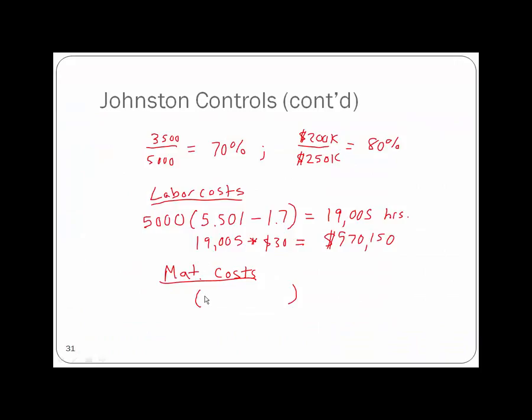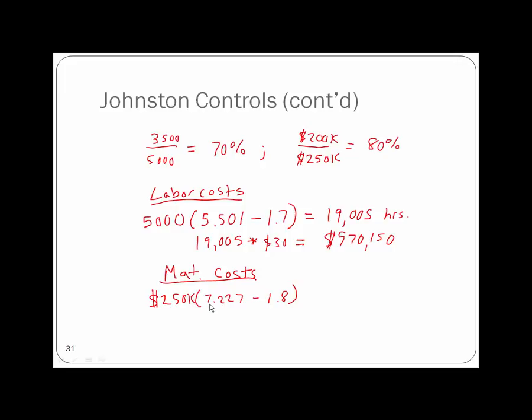So 7.227 minus 1.8. Again, the reason these are different is because we have a different learning rate going on. We multiply that by the actual cost of the first unit.